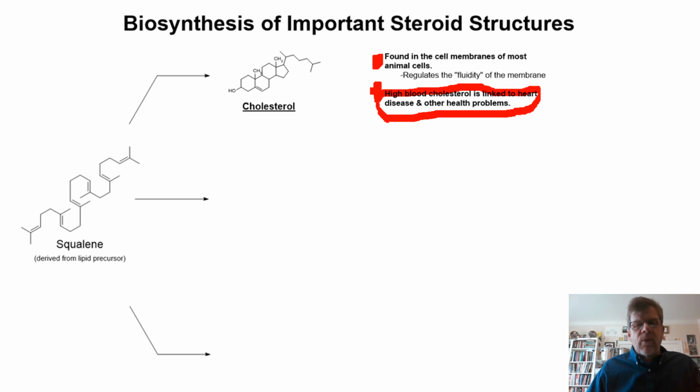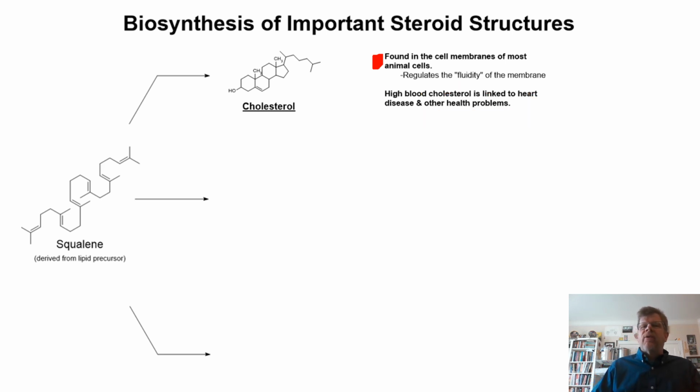Within the regulatory process of cholesterol, if it starts to build up too much, we have to be able to down-regulate it to have a particular concentration of it within our bodies. It's only when that concentration gets too high that we run into these health problems. But it's still absolutely a necessary biochemical structure within animal systems.